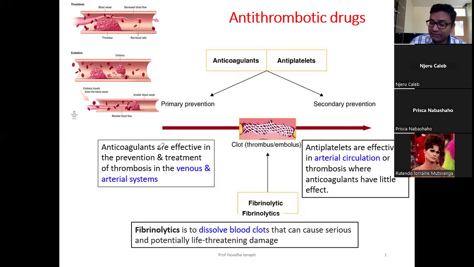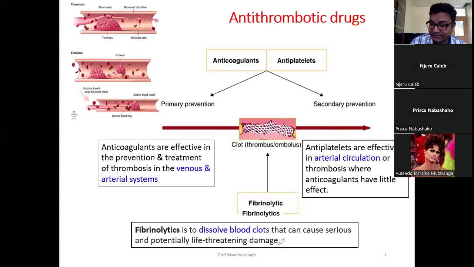Anticoagulants will prevent clots, both in the venous and arterial system. These are new things which we didn't study last time. Fibrinolytics or thrombolytics dissolve the clots or embolus that cause serious and life-threatening damage.